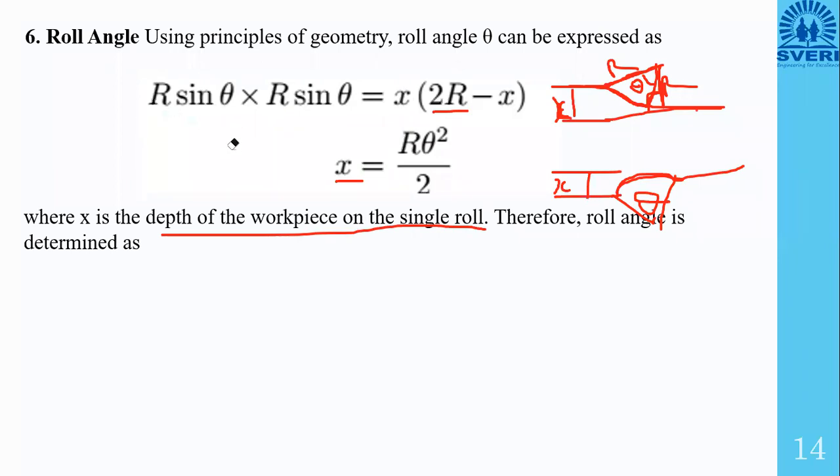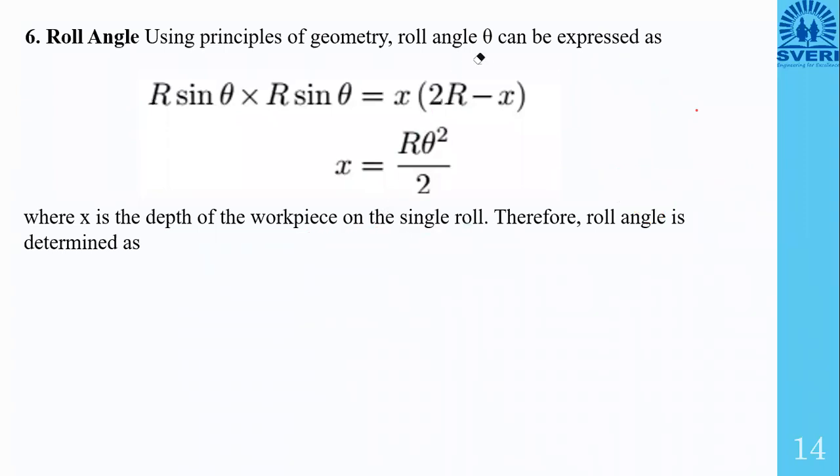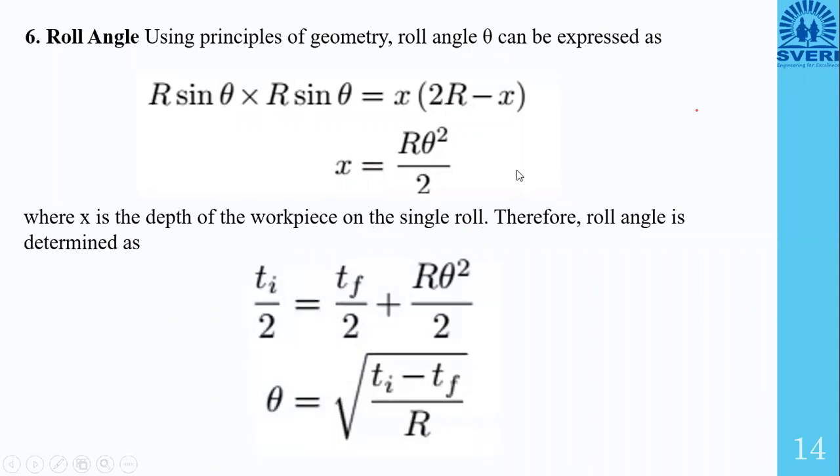Next, I will rub this. Next is the same again, expressed in the form of T, because what is x? x is nothing but (Ti minus Tf) divided by 2.